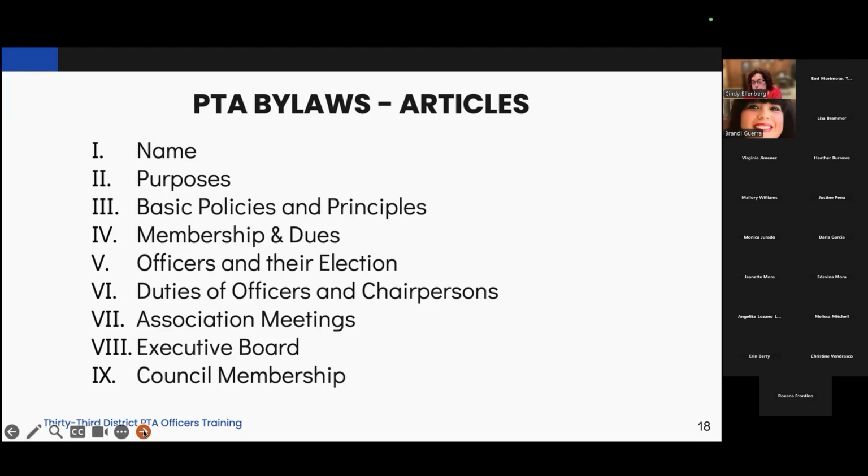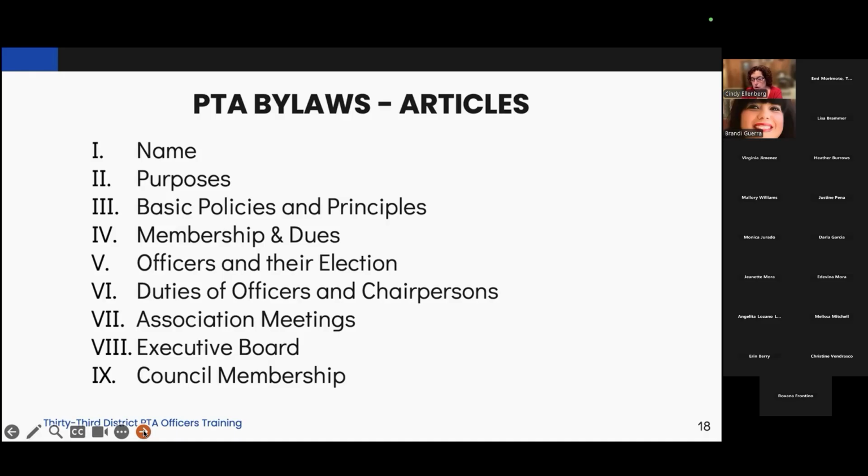It has what your basic requirements are for holding an office. Detailed requirements can be found in the California State PTA Toolkit, which everyone has access to, but these are just the basic requirements for holding an office. It lists when the annual election meeting will be held and when your officers take office for the new term, which is July 1st. So July 1st, you need to be up and running and hopefully doing great things for your students.